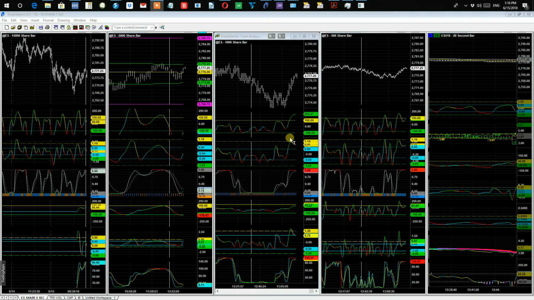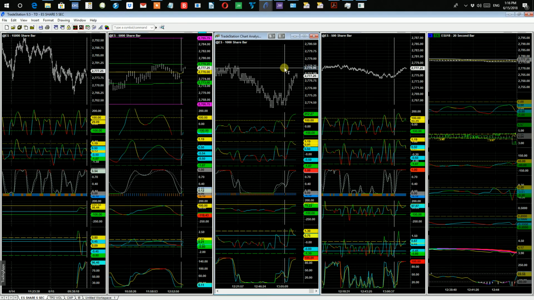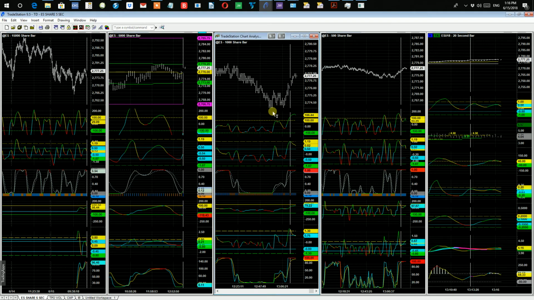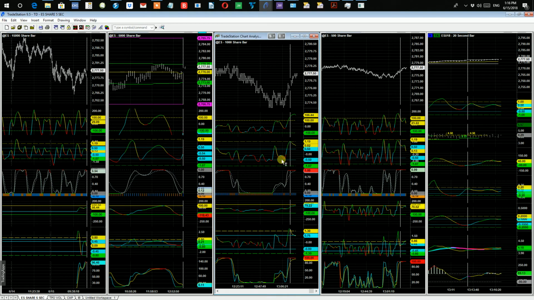Now here is the 1000 share bar chart, which shows a real nice divergence here, just on the ES itself. Nice divergent pattern here on the ES and divergent on SPY.